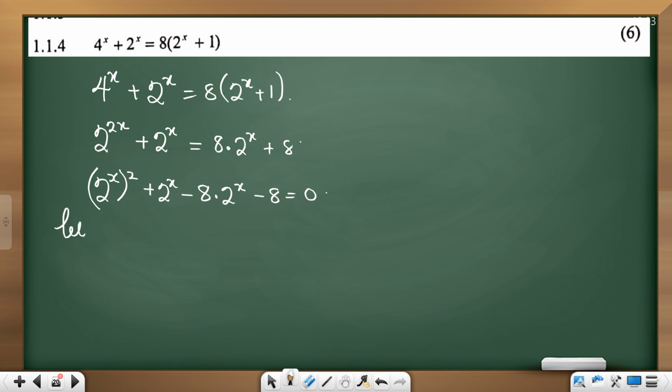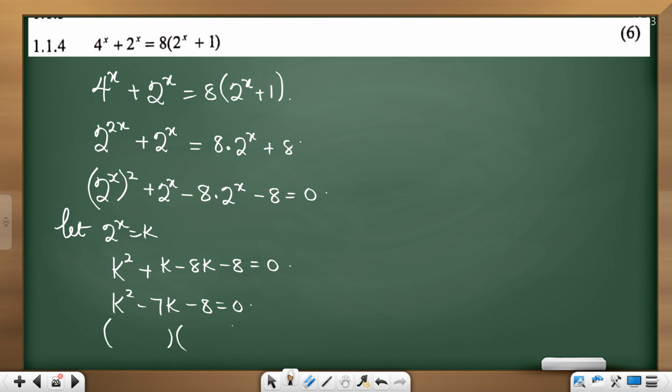Interesting. Let 2 to the power x be equal to k. Then k squared plus k minus 8k minus 8, so k squared minus 7k minus 8. It's a trinomial.